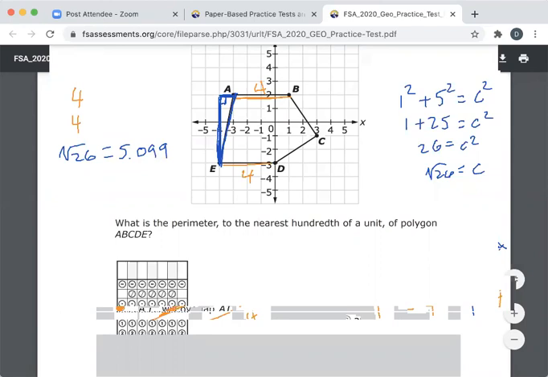So for side BC, I'll make that this green color. Well, let me do the triangle on the outside. So from here to here is 2, and from there to there, up and down, is 3. So that's going to be 2 squared plus 3 squared equals the hypotenuse squared. 2 squared is 4, 3 squared is 9, and 4 plus 9 is 13.